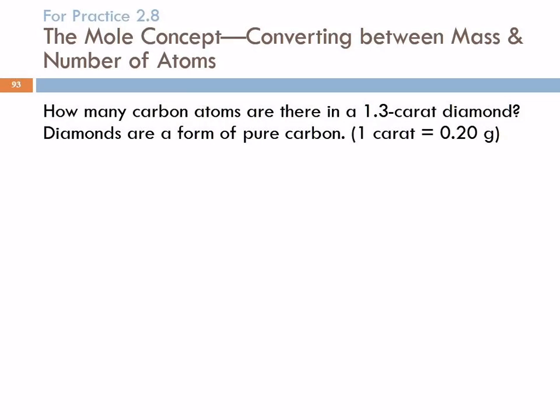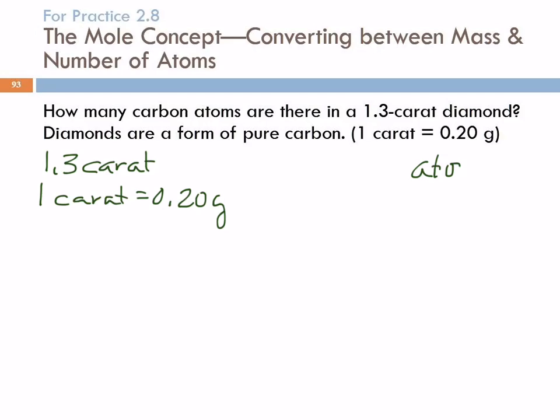Well, let's write down the numbers. I've got 1.3 carats, and I'm told that 1 carat equals 0.20 grams. And what am I trying to find? Number of atoms. So we got 2 different things here that we could potentially start with. I want to start with the one on top because that's just a single unit.